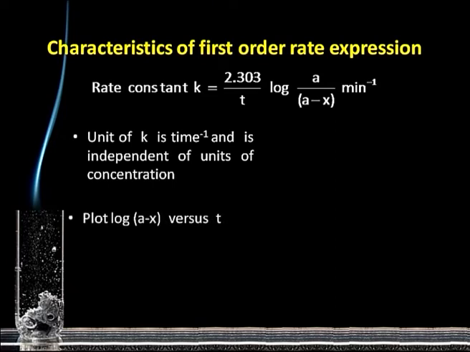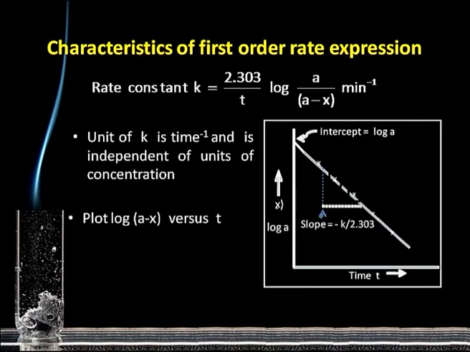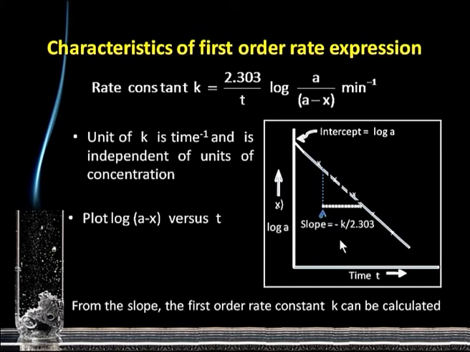If we rearrange the equation and plot log (A minus x) versus t so that we get a linear expression, you can see clearly here we get a linear plot of log (A minus x) versus t, which can be extrapolated to get log A. From the slope we can evaluate the rate constant k. Another important characteristic of chemical reactions is half-life.